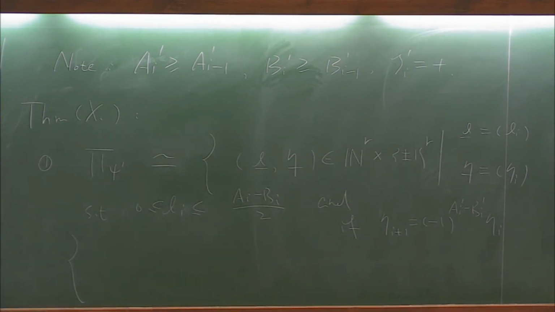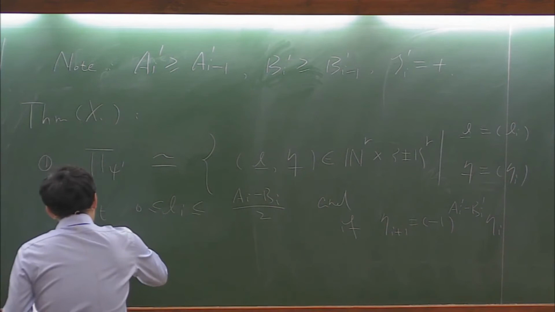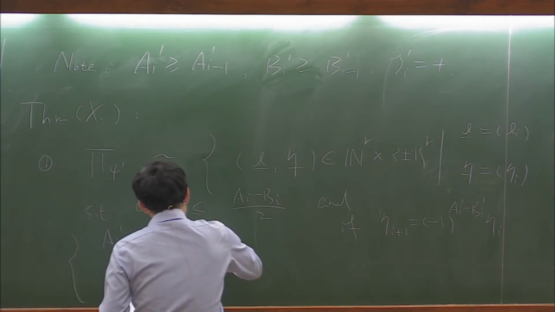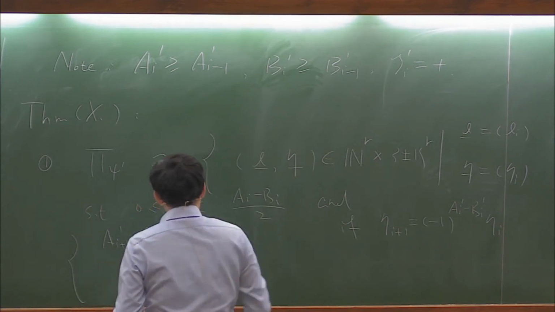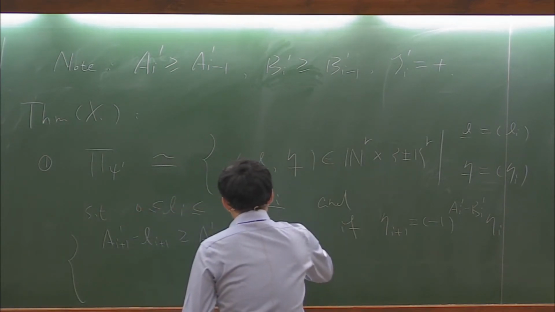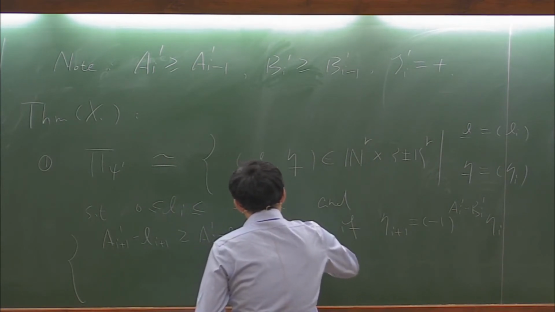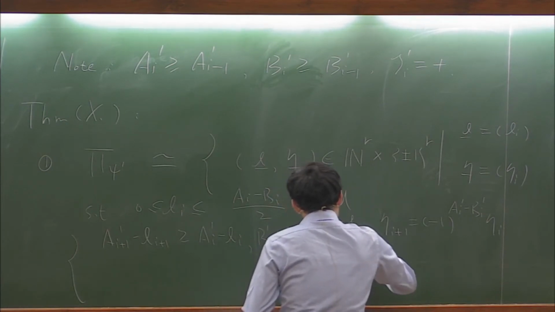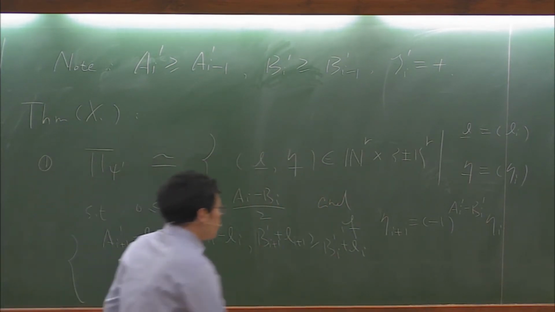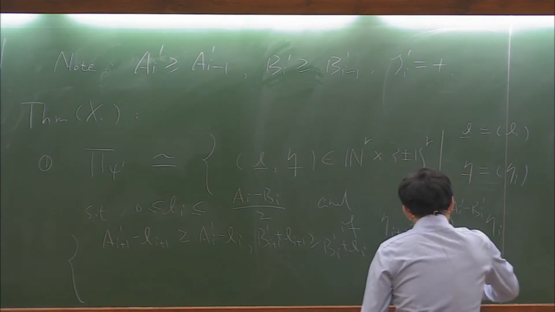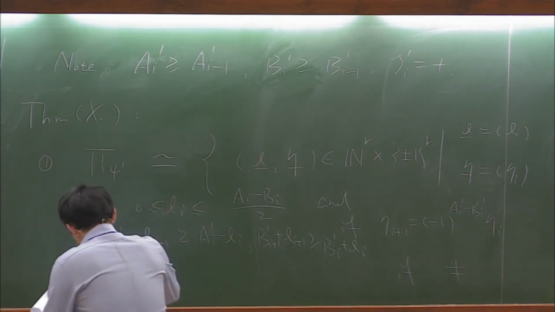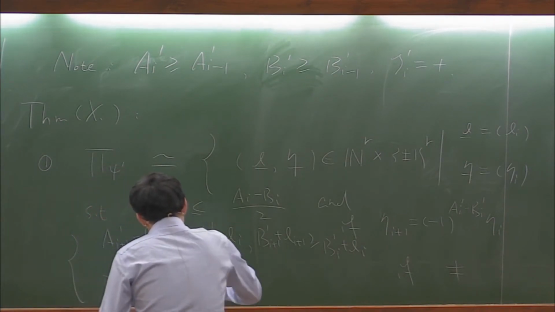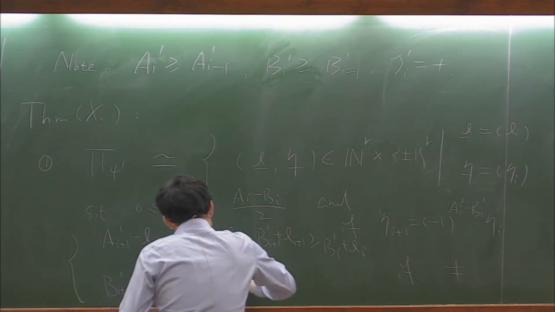So in case they have this condition, then we require that this is bigger than this, and so B_{i+1} minus L_{i+1}, L_i. And if they are not equal, then we are asking that B_{i+1} plus L_{i+1} is bigger than A_i minus L_i.